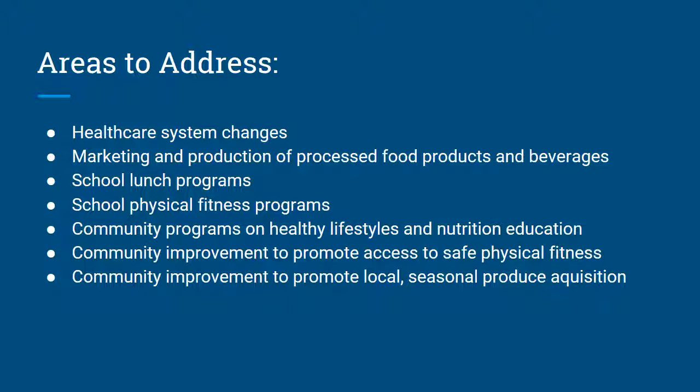Looking at community improvement to promote access to safe physical fitness, as well as looking into community improvement to promote local seasonal produce acquisition to help increase fruits and vegetables in the daily diets of children in the community.